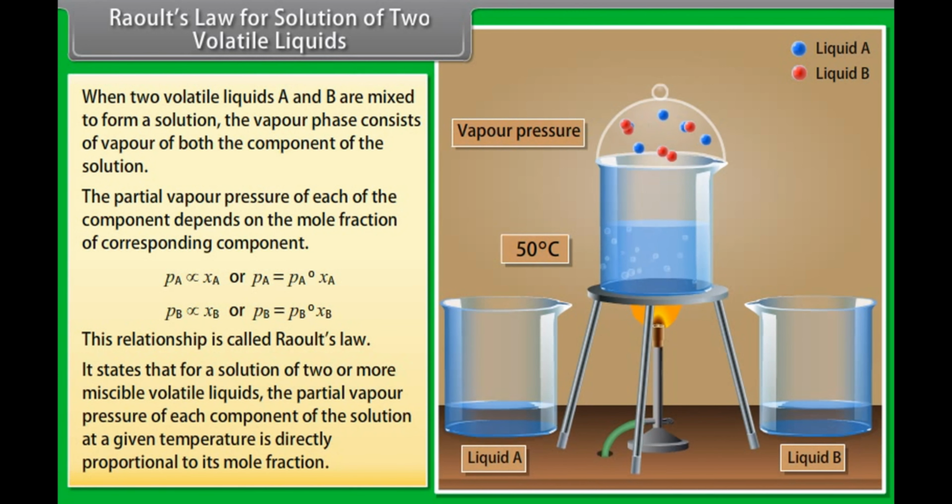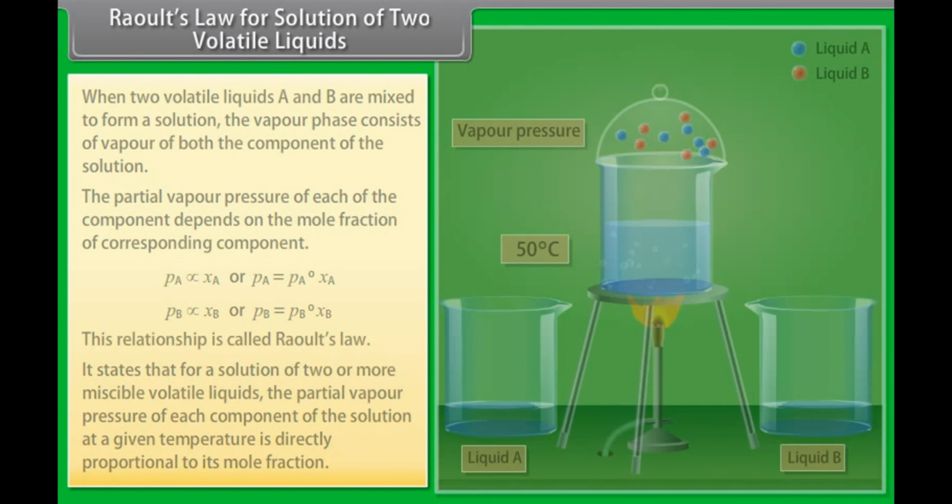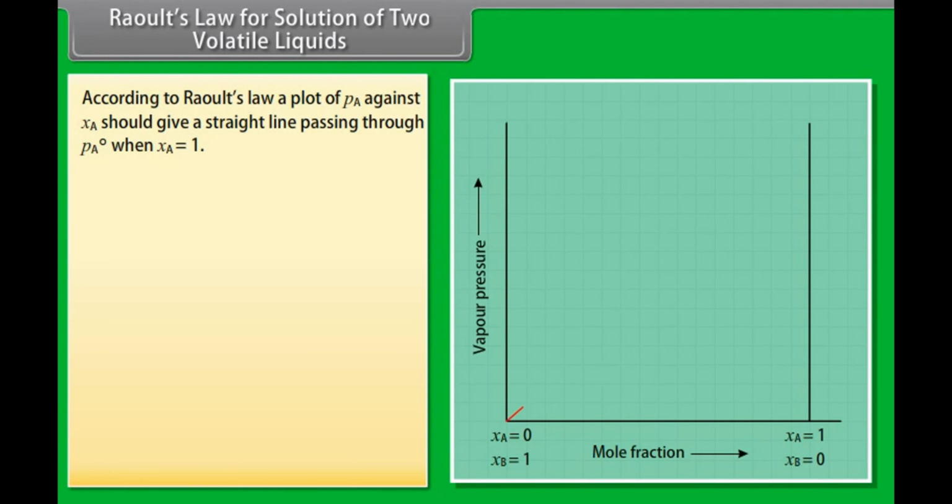It states that for a solution of two or more miscible volatile liquids, the partial vapor pressure of each component of the solution at a given temperature is directly proportional to its mole fraction. According to Raoult's law, a plot of PA against XA should give a straight line passing through PA° when XA is equal to 1.